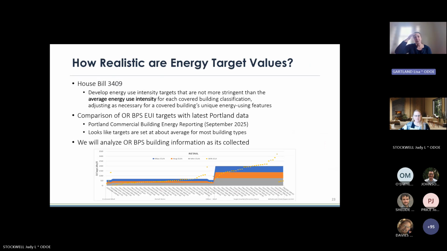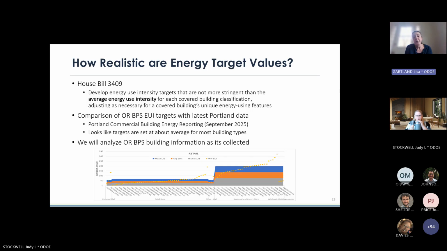So that gets us into, we set these targets. How realistic do we think they are? As I said before, we were mandated by House Bill 3409 to make targets that are not more stringent than the average energy use intensity. So we're expecting about half the buildings not to meet target and the other half to meet target.